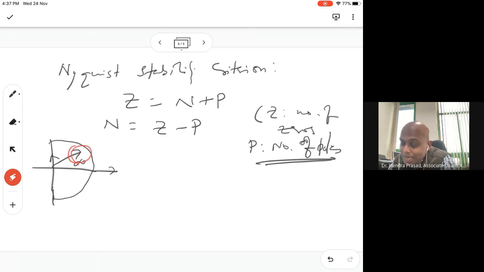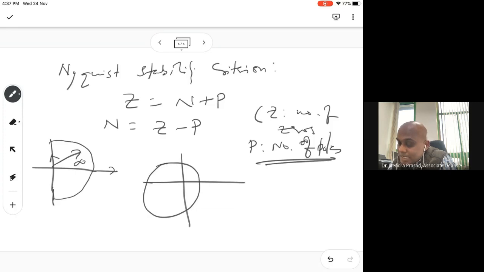And for the same S, let us say we are plotting the open loop G(s), meaning the open loop transfer function.